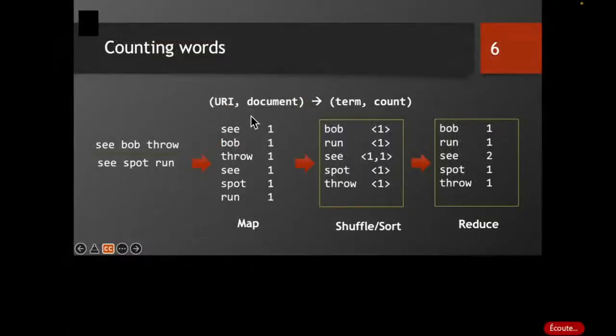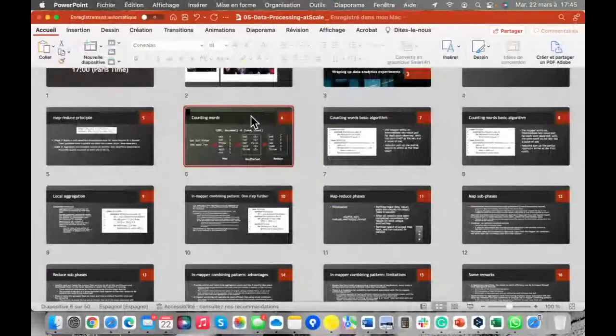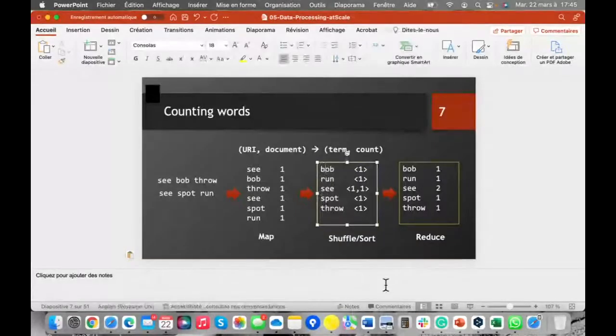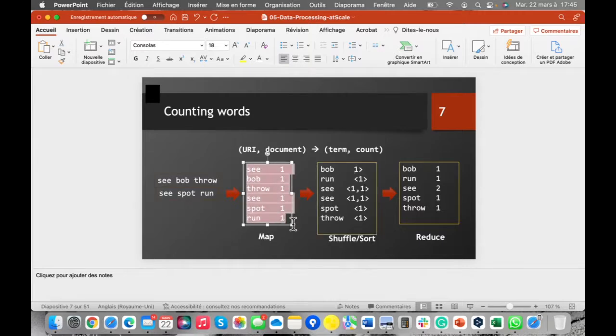I'm going to duplicate this to show you what we have in this implementation. Okay, so in this implementation, what we have is like this. Well, I'm going to copy this.